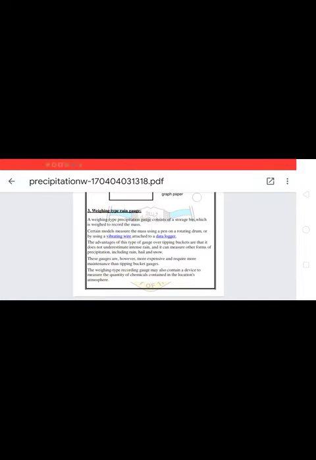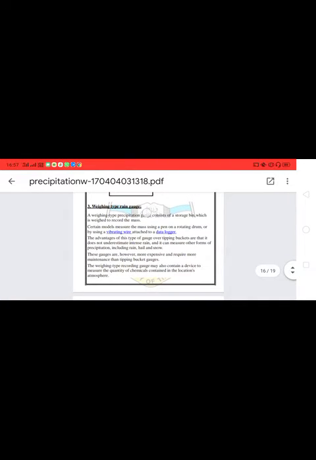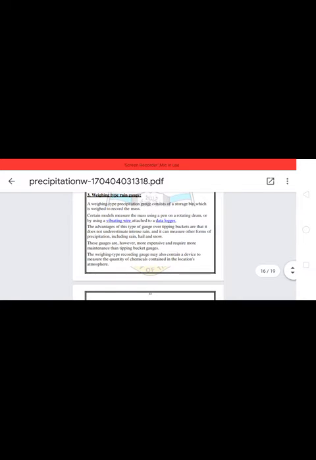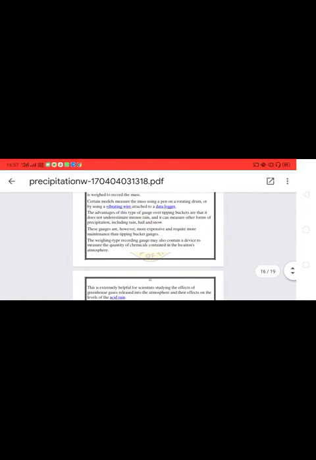Then come to the next point, that is the weighing type of rain gauge, which is commonly used in India. A weighing type of precipitation gauge consists of a storage bin which is weighed to record the mass. Certain models measure the mass using a pen on a rotating drum or by using a vibrating wire attached to a data logger.